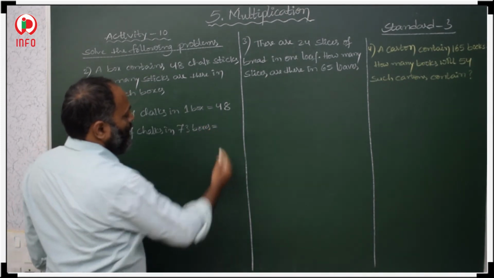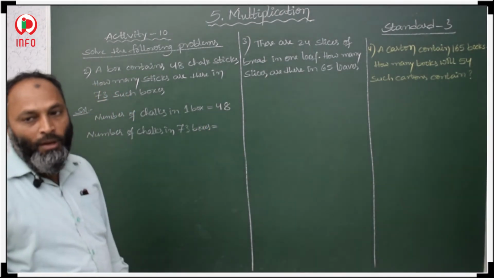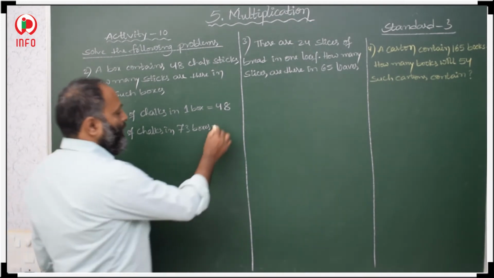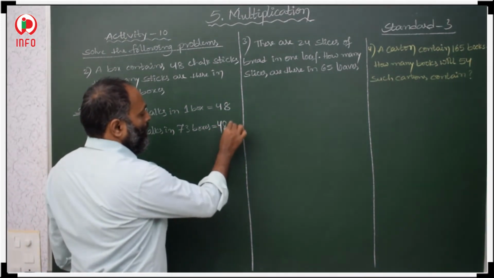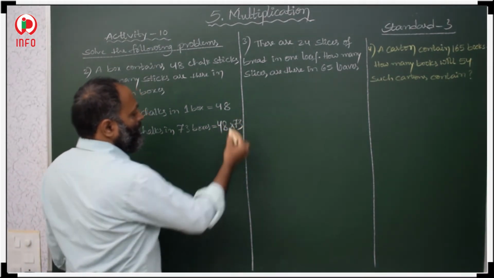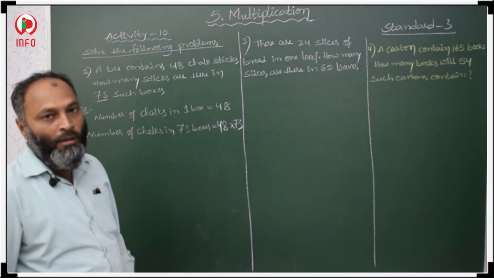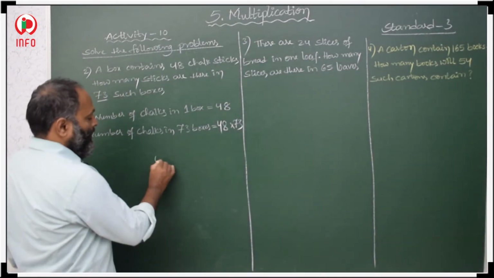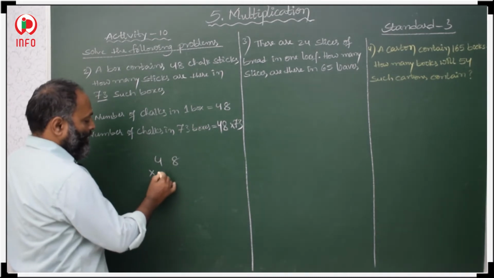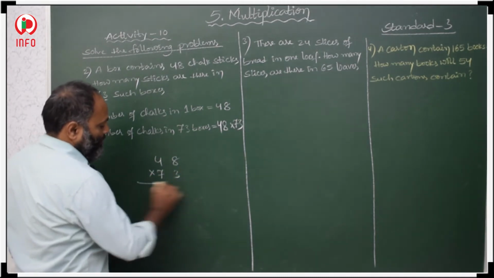What we have to do? We have to multiply 48 with 73. So, then multiply 48 with 73.